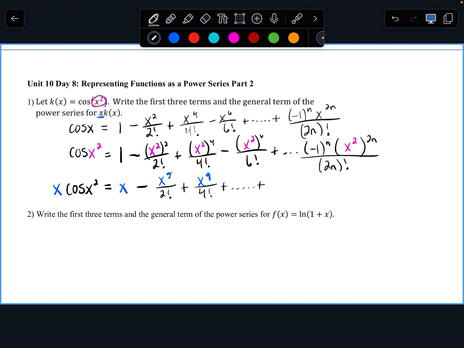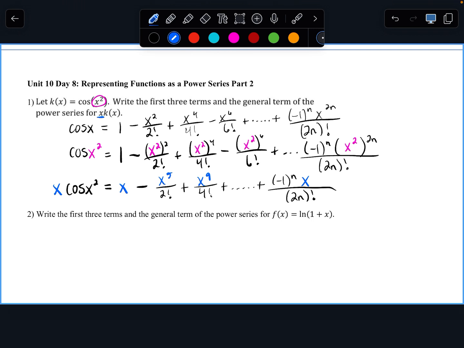So again, everything's happening with the x. All this n junk, you just leave it because nothing's going to happen there. You've got the 2n factorial, all that stuff didn't change. All the x stuff changes. What happened is we multiplied these powers, right?